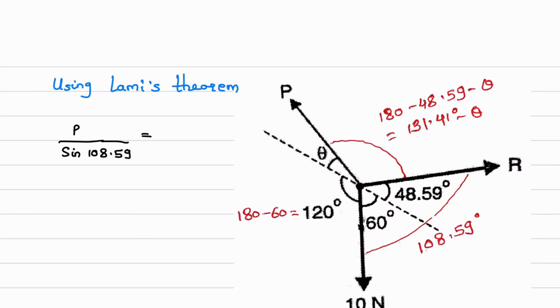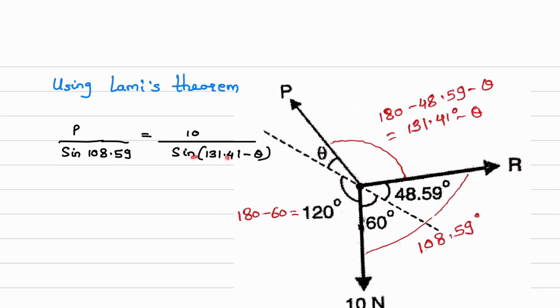is equal to, we'll consider now 10 Newton. Okay, so 10 divided by sine of 131.41 minus theta. So 10 upon sine 131.41 minus theta. Now when will this P be minimum? Okay, when this angle here is 90 degree.